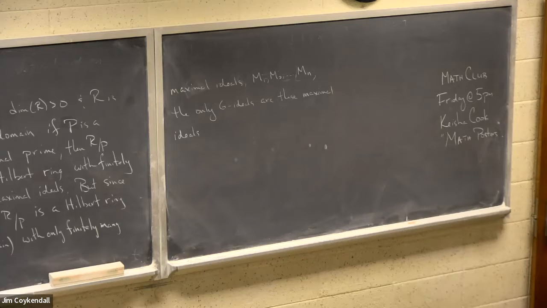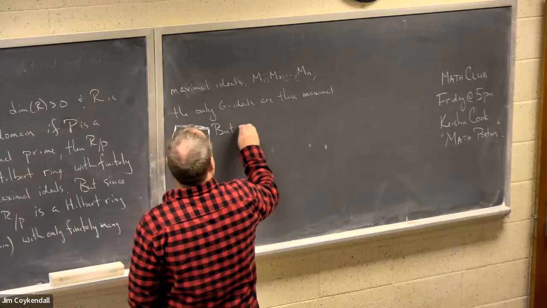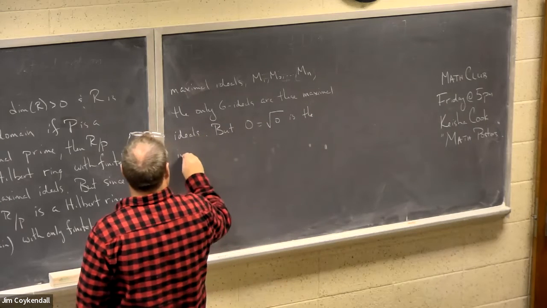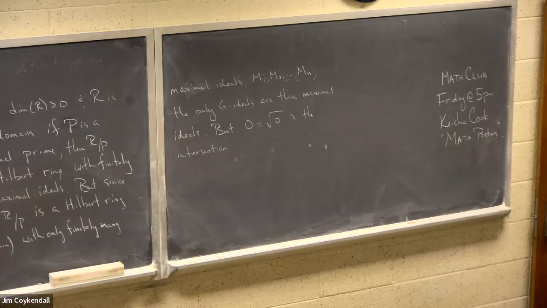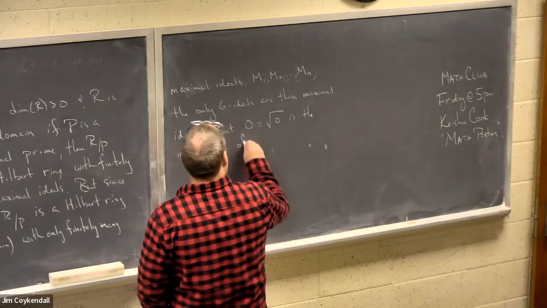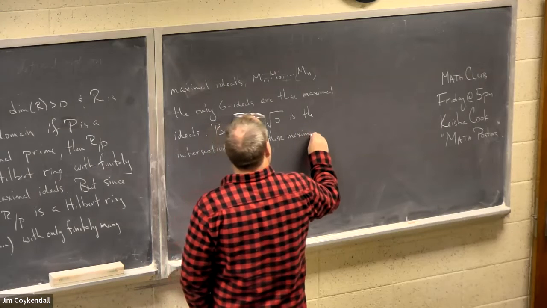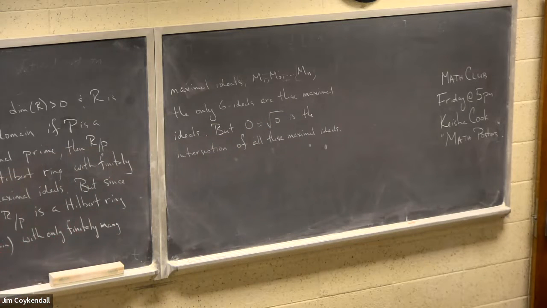But the radical of 0 is the intersection of all these maximal ideals. Since R1 is a domain, there must be infinitely many of them.